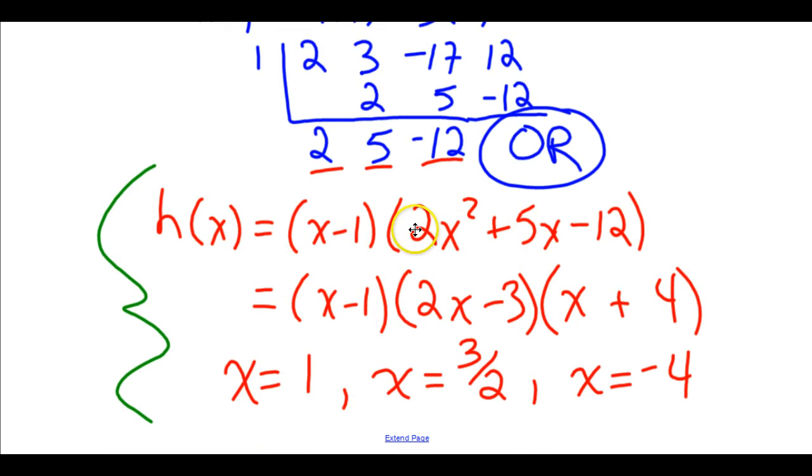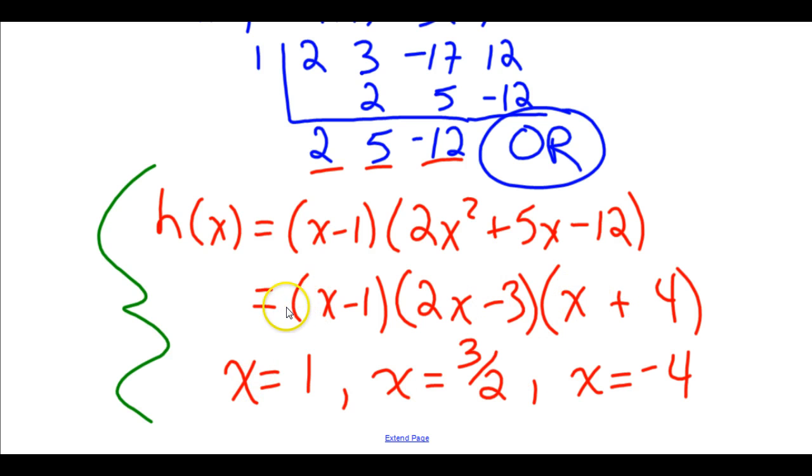and factoring this using an older method, basically looking for two numbers that multiply to 2 times -12, which is -24. Looking for two numbers that multiply to -24 and add to 5. Or sometimes we use kind of a trial and error method. I've mentioned these in a previous video, so I won't go through it in too much detail, but these are the factors.